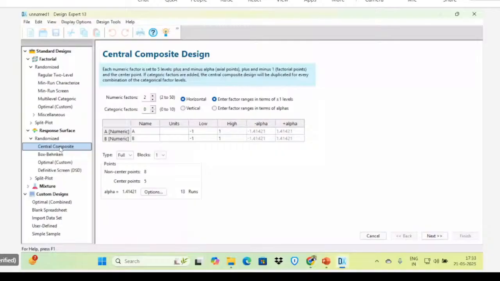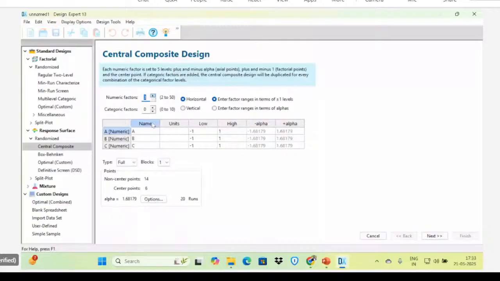But how we can get the optimum parameter, that is the ultimate goal. If we are considering Design Expert, we will go to central composite design. Here we have to put the numerical factors, how many input parameters you have. Suppose we have three input parameters. We have to name all the factors.